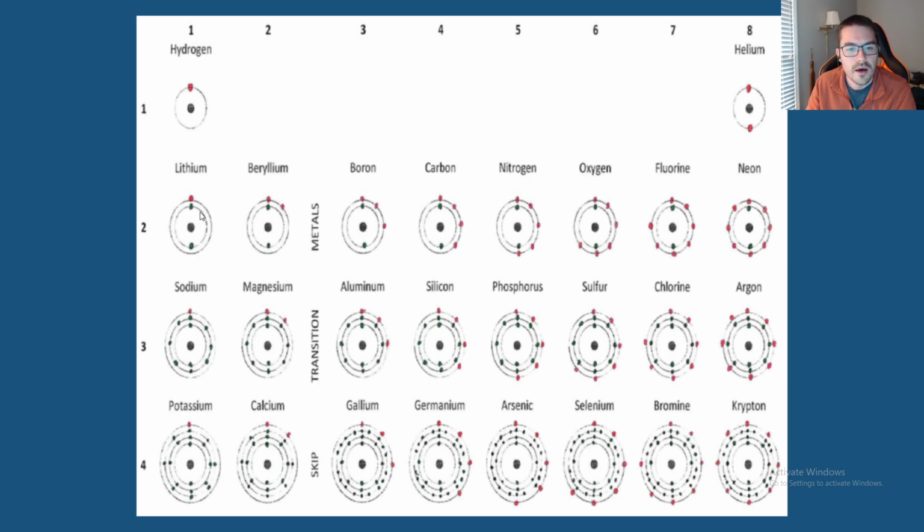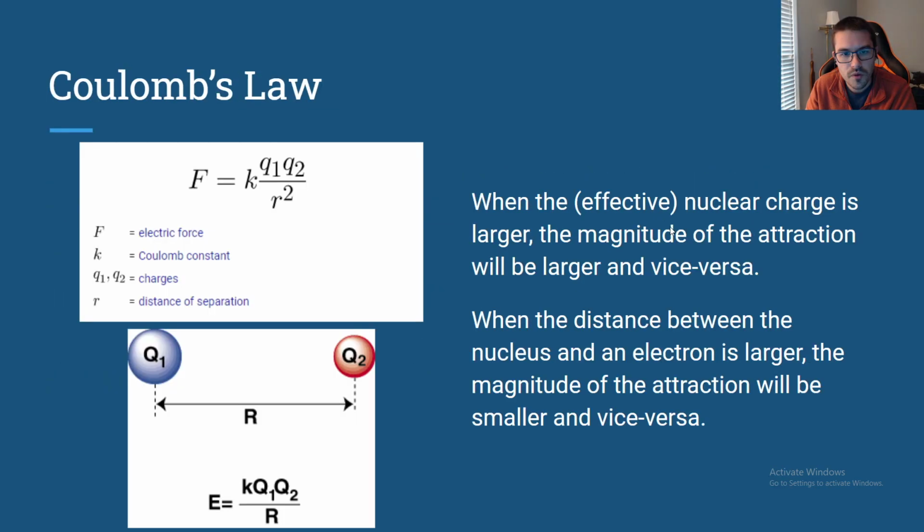So we've got an increasing number of protons, and our distance is not changing. What that means then is that the force of attraction being felt by those electrons is increasing.